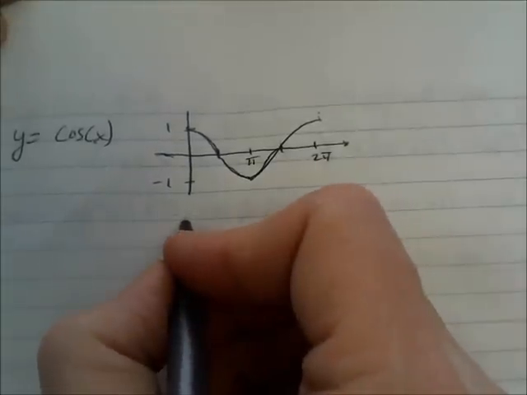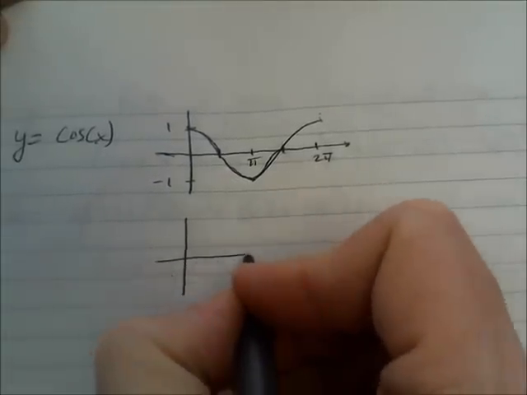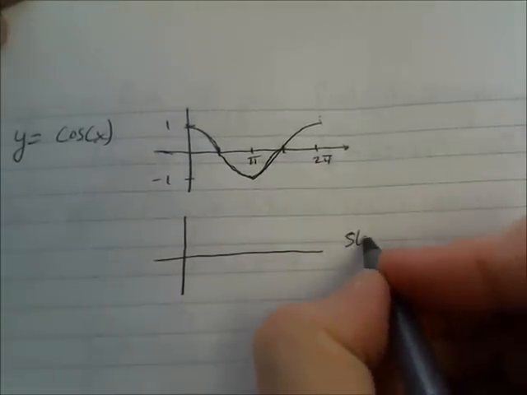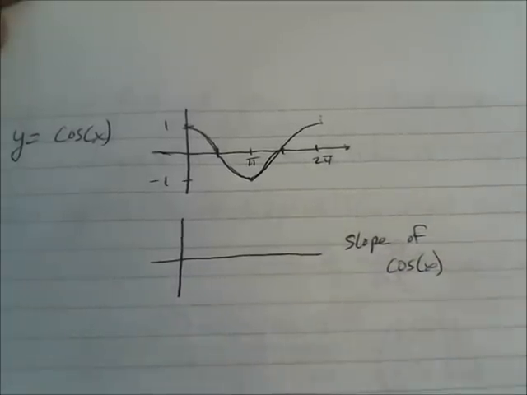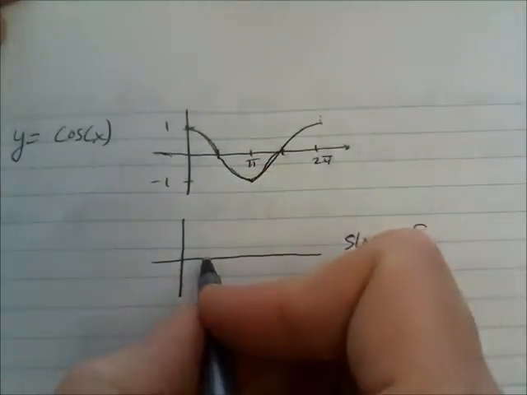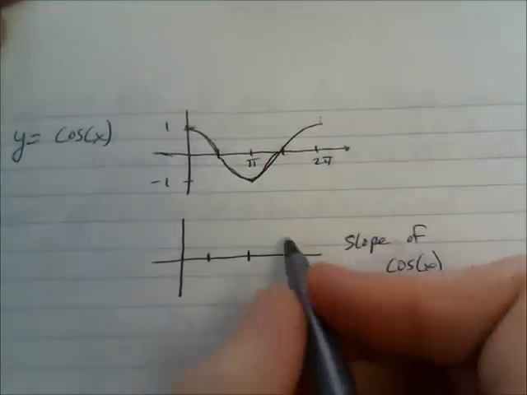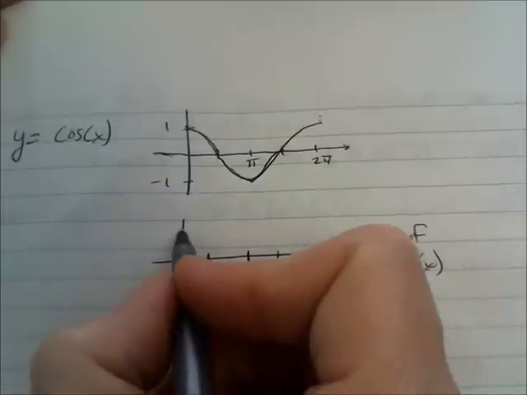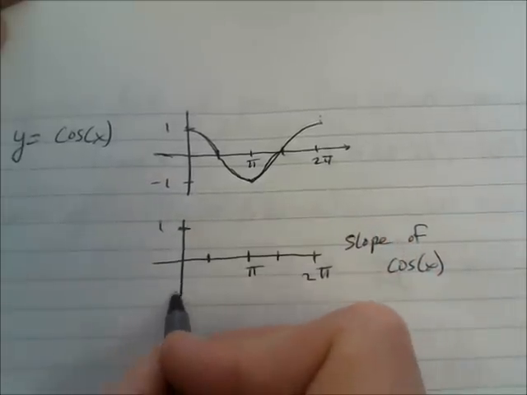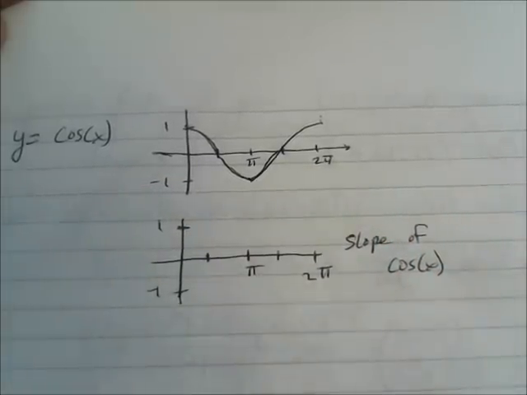Now underneath, let's graph the slope of the cosine curve from up here. Well, we'll have to mark our x-axis exactly like we did above. So here's 2 pi, pi. Let's go up to 1 and down to negative 1.